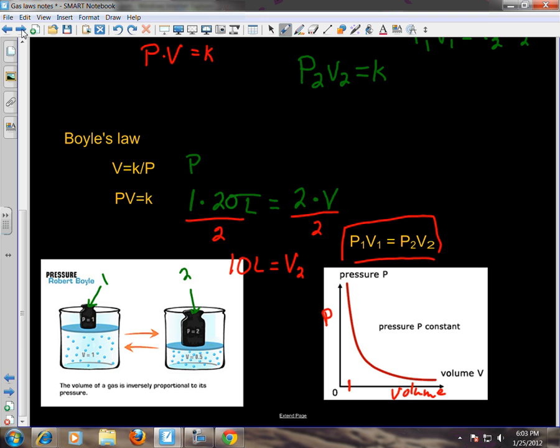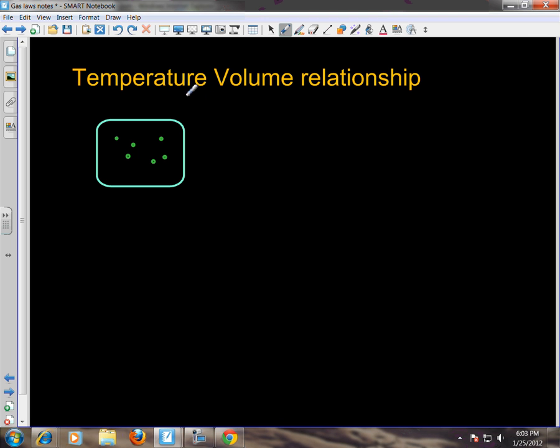Now the second thing we're going to look at is temperature and volume. Now this time we have to keep our moles constant, but what we have to do is also keep our pressure constant. So in the first scenario, if we have a point and that's its velocity, that gives us our temperature of that molecule. But if we double the temperature, that thing is going to be moving faster.